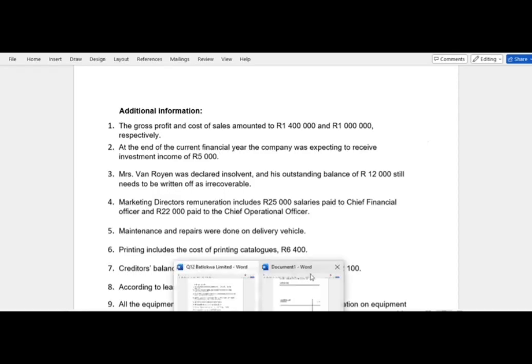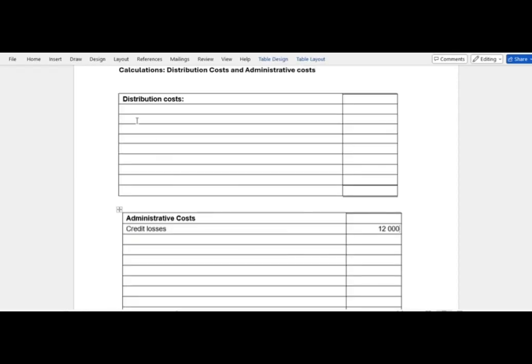So one of the items for distribution cost is marketing director's remuneration.